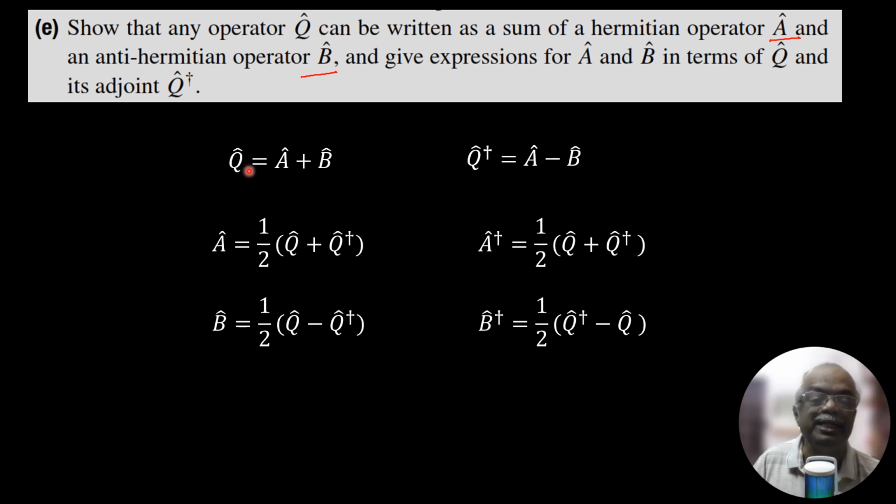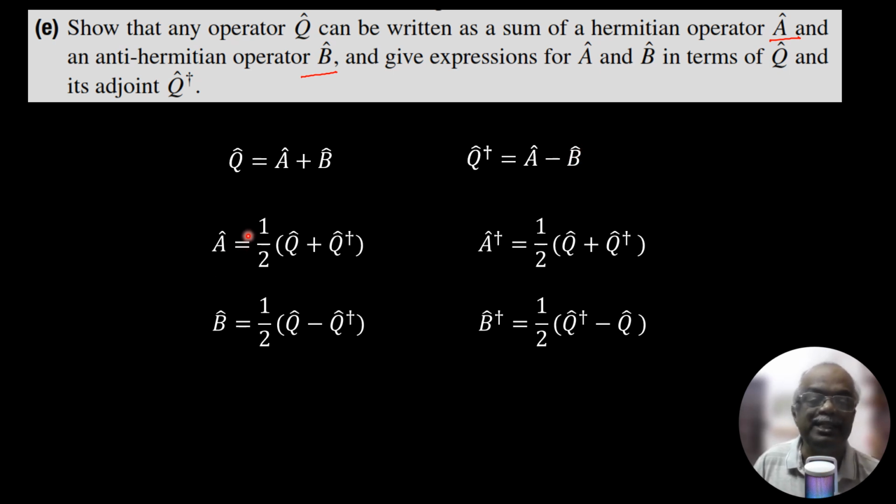Q can be written as given in the problem. You can write this as the sum of two operators A and P, where A is Hermitian and P is anti-Hermitian. Q is equal to A plus P. If you take the dagger operation, then A† will become A itself and P† will become minus P because it's anti-Hermitian.